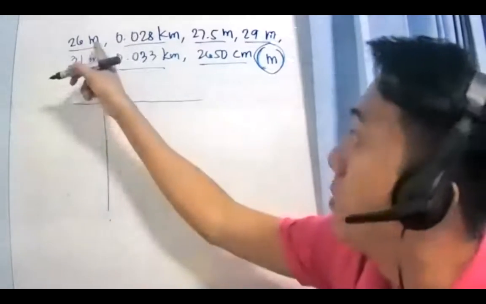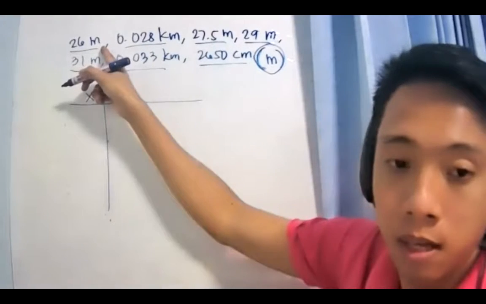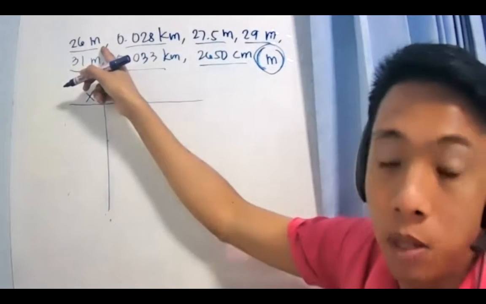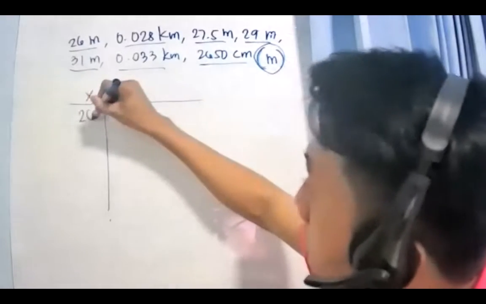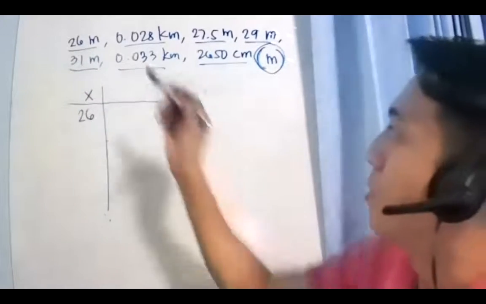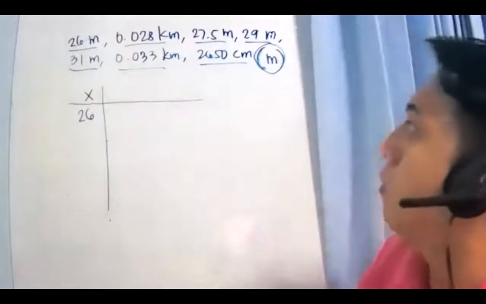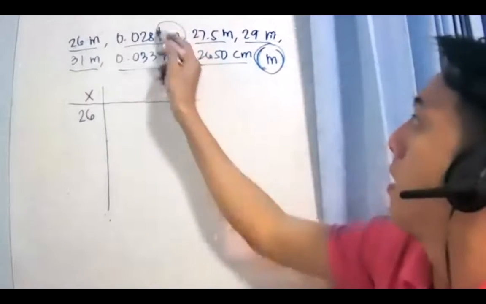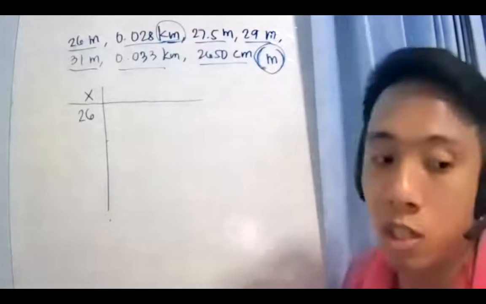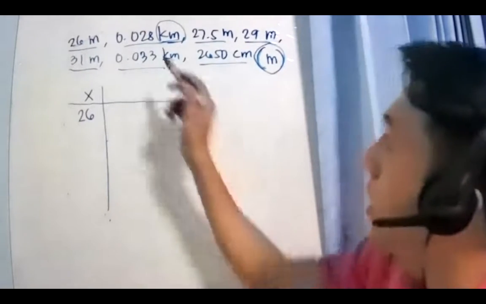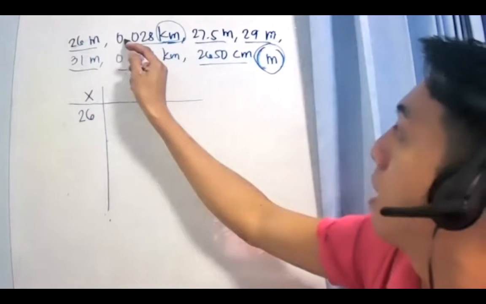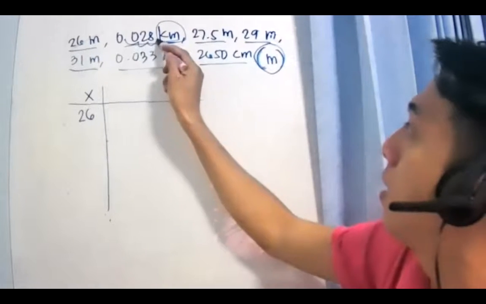Okay, 26 meters, we need to transform this. This one is actually in meters now, so we will just copy 26. So this one is finished. Next one, kilometers. Kilometers to meters, we will just move the decimal point to the right 3 times. 1, 2, 3.